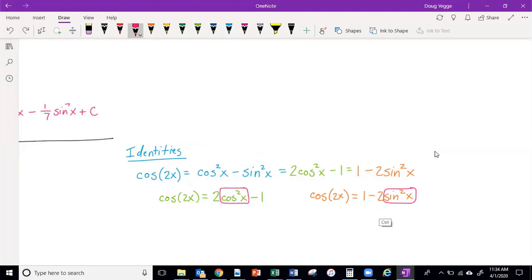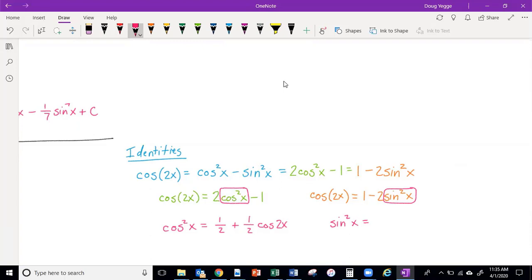And if I do that, I end up getting a couple of formulas here. I get one formula that says that cosine squared x is equal to, you add 1 and divide by 2, and that gives me 1/2 plus 1/2 cosine 2x. If we do this over here, we end up getting sine squared x.